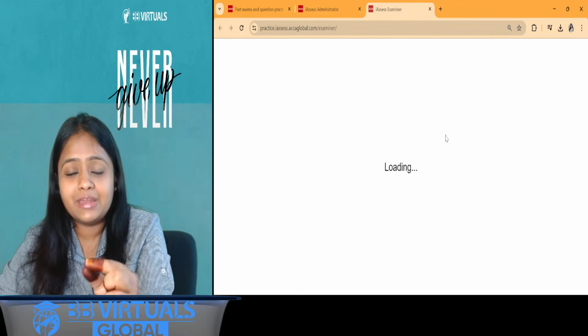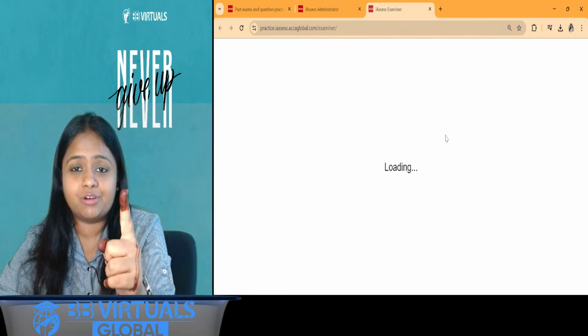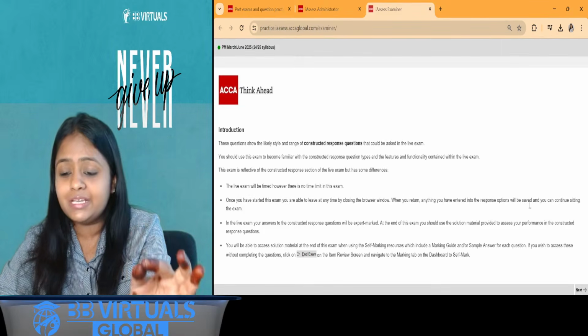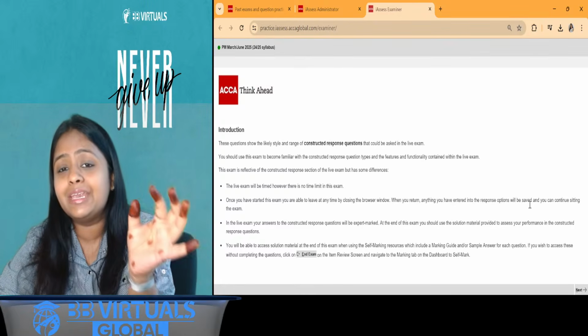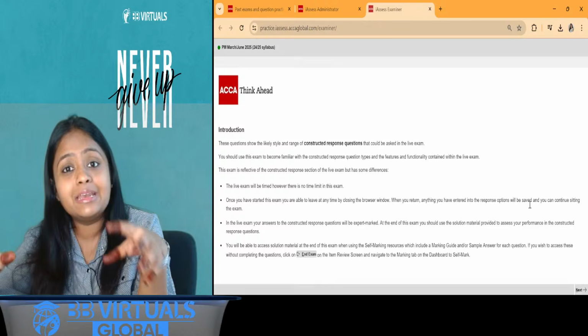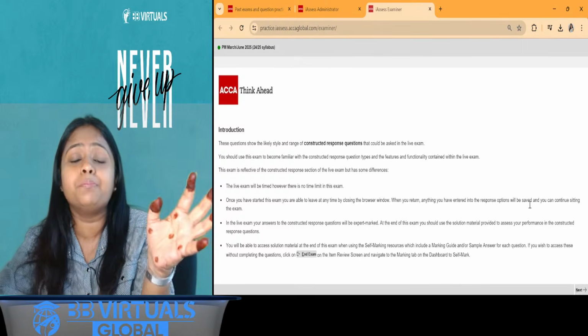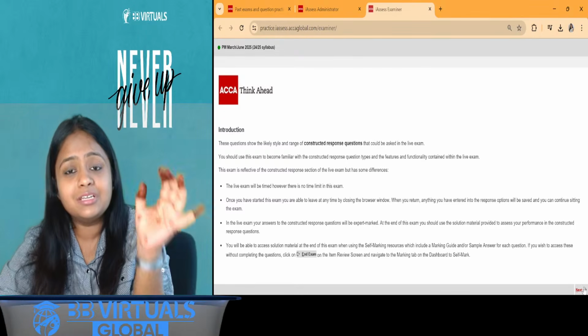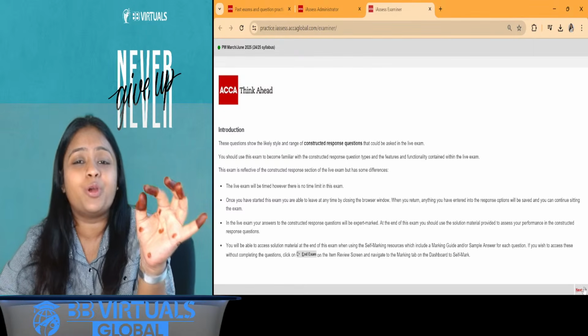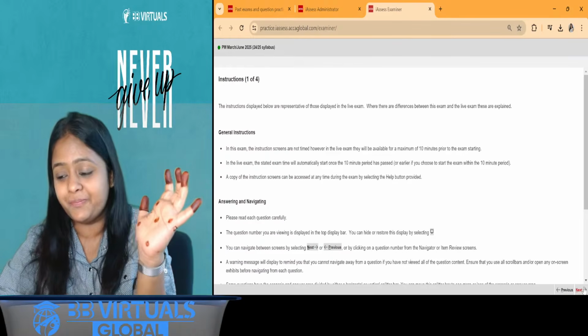One quick instruction: try to read all these instructions beforehand, and don't wait for your exam day to read them. Read them today or when you get time before the exams, so that in the exam you are directly jumping onto the questions.